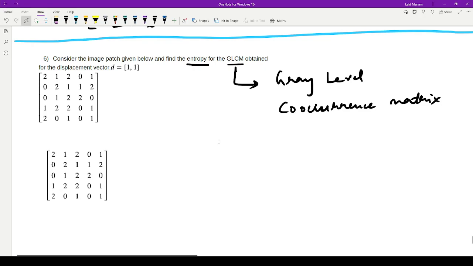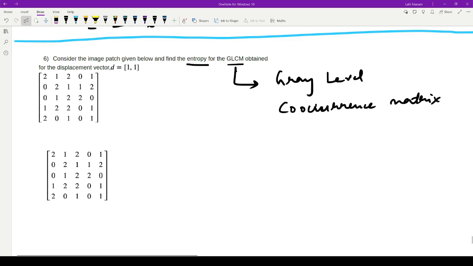What is co-occurrence? As an English word, what is co-occurrence? Yeah, they occur together. So in the specific case, we check whether the pairs of intensity values occur together or not. That's why they call it co-occurrence, and they deal with it as a matrix.